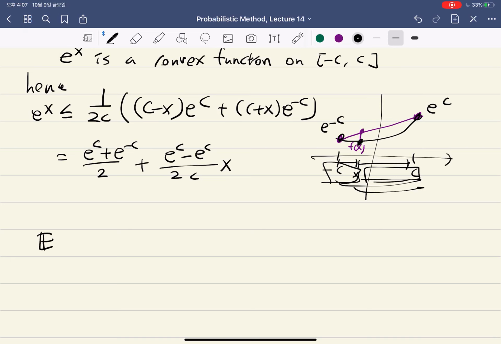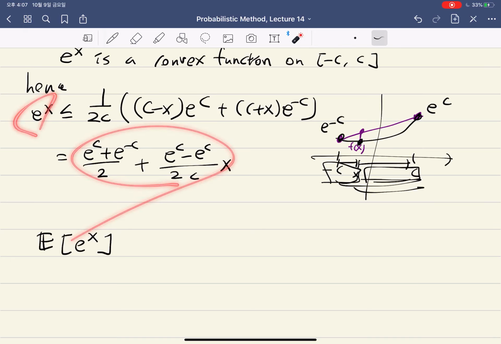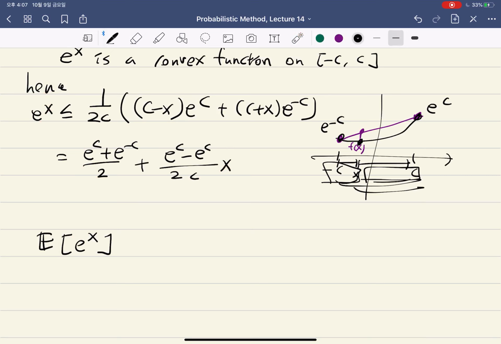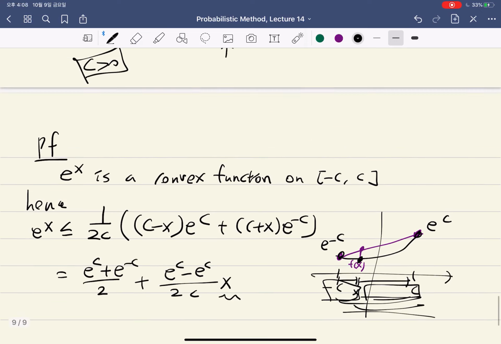Now you take the expectation. This inequality holds, so if you take the expectation on both sides, the inequality must still hold. Then, this x is between negative c and c, so, no, not that.